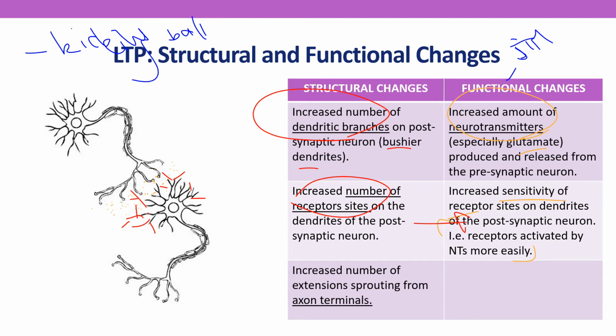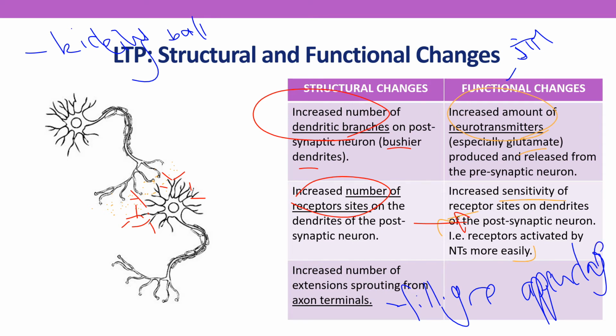The other thing that happens, which is kind of weird, is we have these things called filigree appendages. And they grow from the presynaptic neuron, okay? So you have these little shoots coming from your knobs, right?